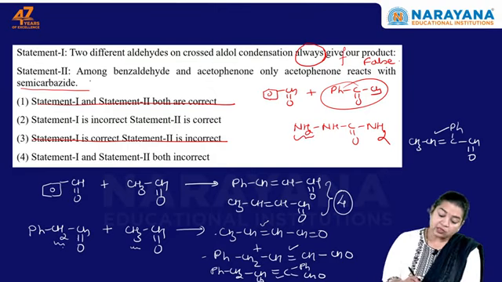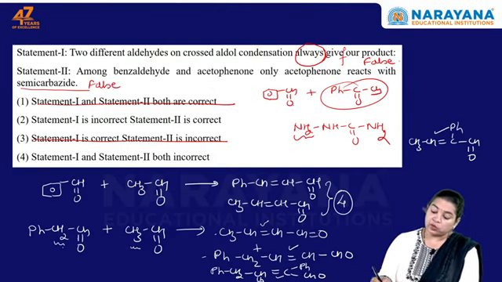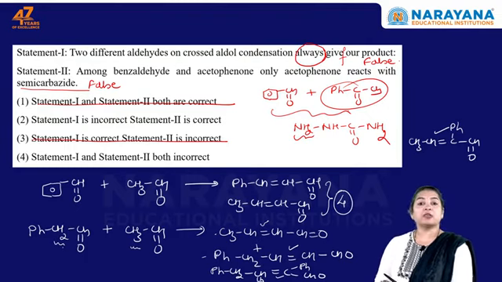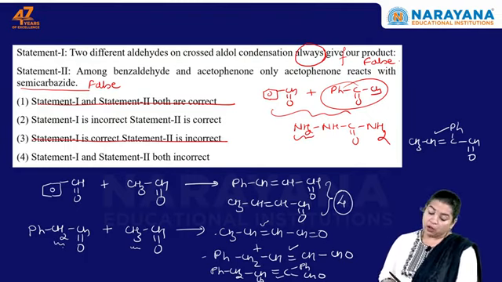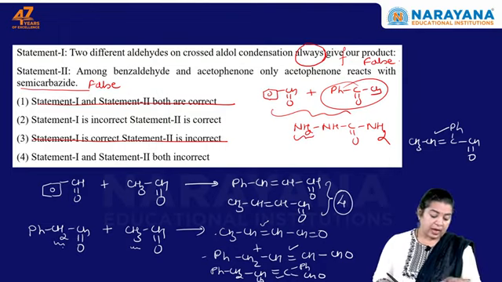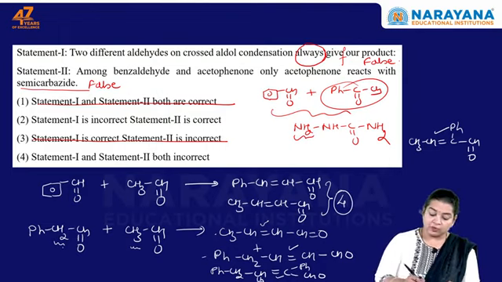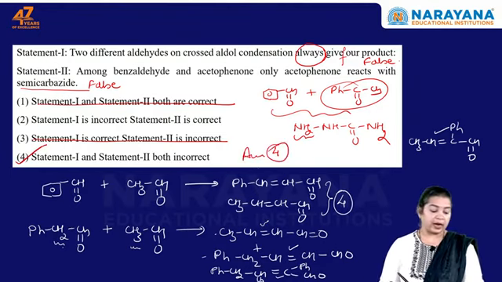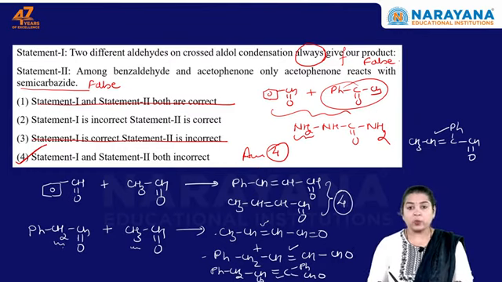So again it is an untrue and false statement, because why only this? Both of them can react with semicarbazide. So the conclusion, both the statements are false. And if I take both statements as false, the answer for this we'll mark as 4, right? So these are our questions, waiting for more to come, and then we'll share.